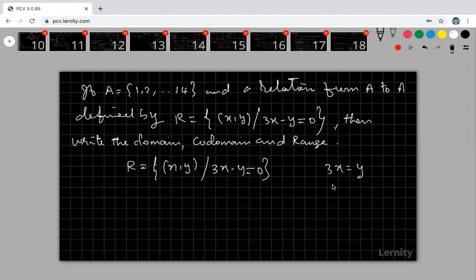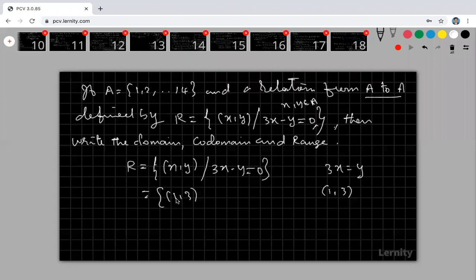So now look at that. When I am applying x is equal to 1, what is my y? 3. Look at that, this 1 comma 3, x is 1, y is 3, satisfying this equality. Why are you not taking x is equal to 0? Your x and y both belong to A because my relation is defined from A to A. So your x and y belong to this set only.